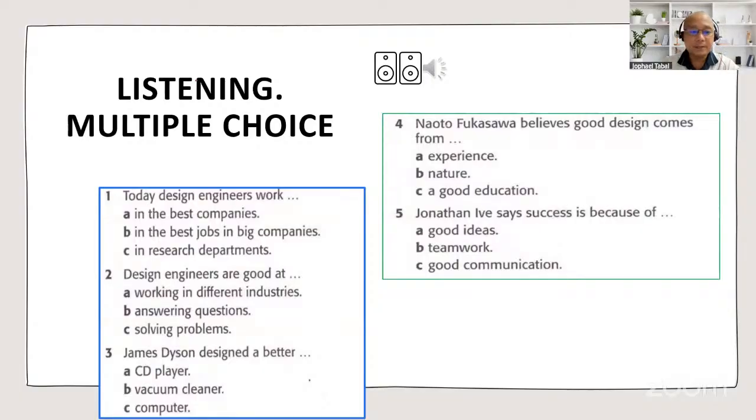Today we're going to listen to someone talking about designs, and I want you to choose the correct choice, A, B, or C, in numbers 1 to 5. Let's listen only one time and see if you get the correct answer, okay?